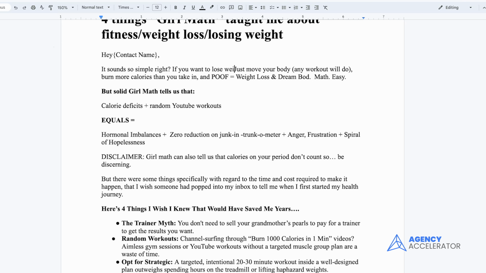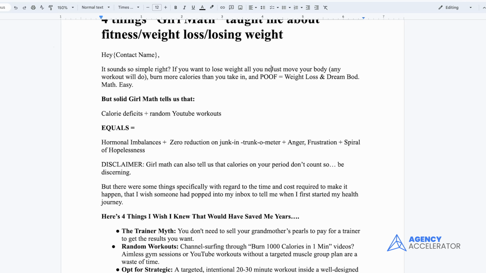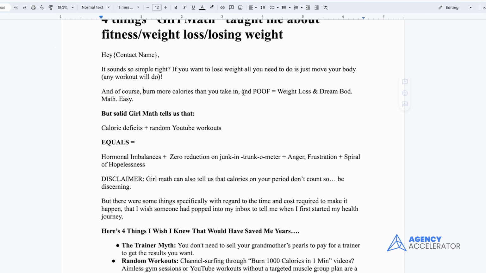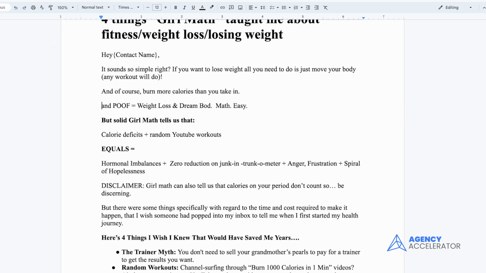If you want to lose weight, all you need to do is just move your body. Any workout will do. And burn more calories than you take in. And just like that, poof.